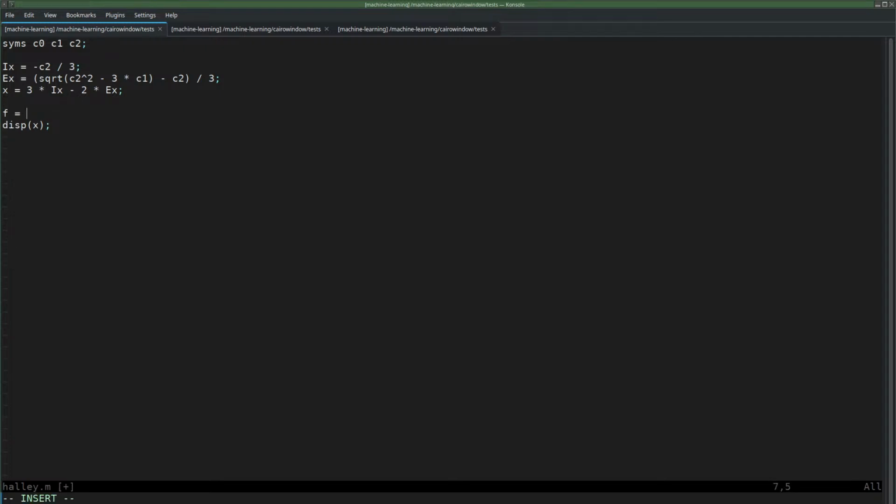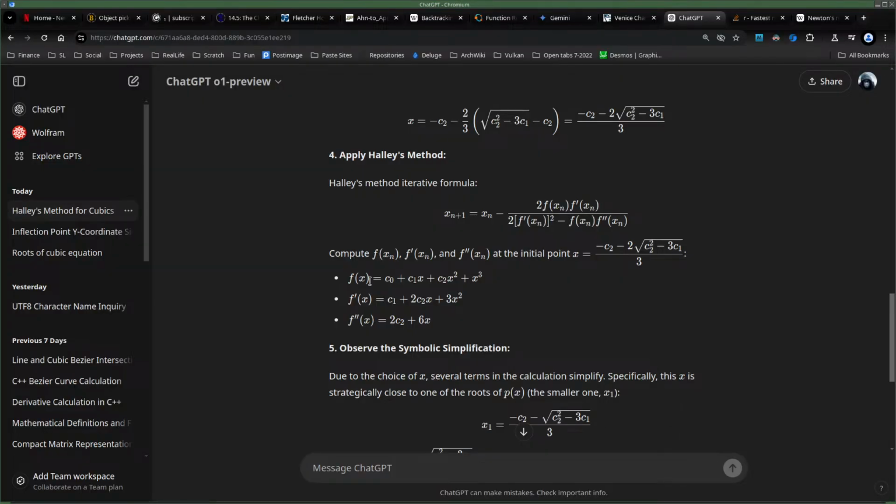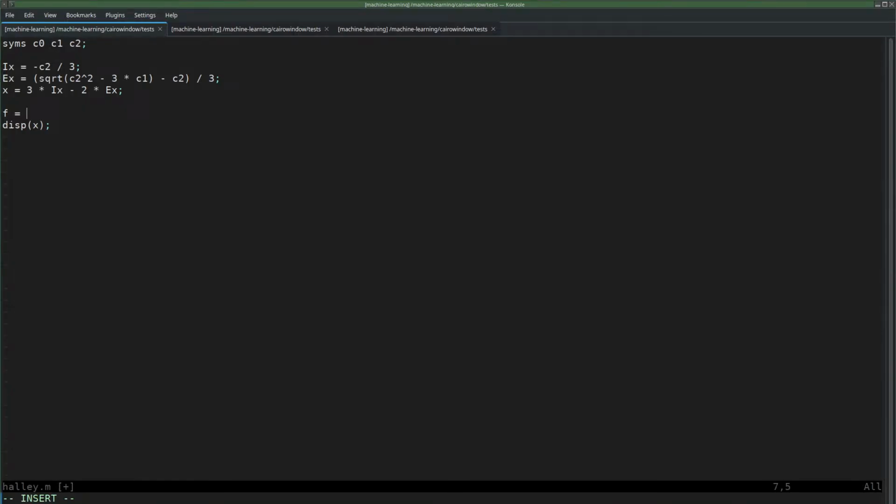Let's define f as the cubic. So C0 plus C1 times x. I'm using Octave, but yeah, it's kind of like MATLAB, but then free. What shall we do here?